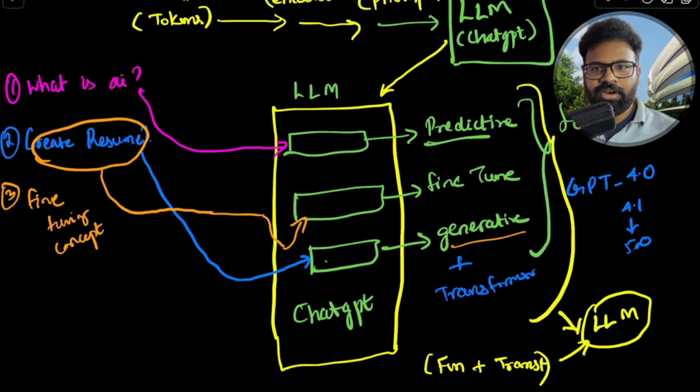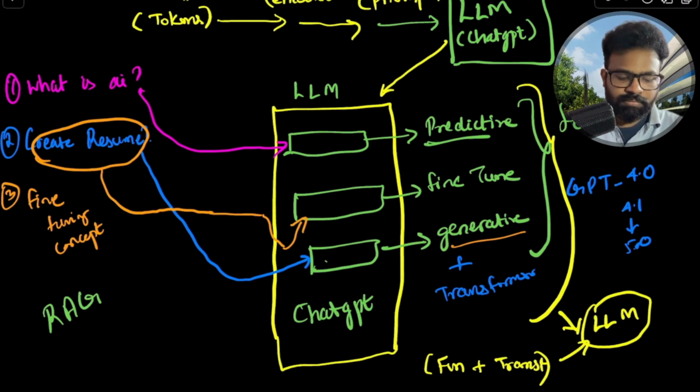So all of these are going to work based upon the existing data, and then with the large language model, the LLM model, has connectivity towards the internet. So there is a different concept called RAG. I will come into that, but that is a little bit more different thing.